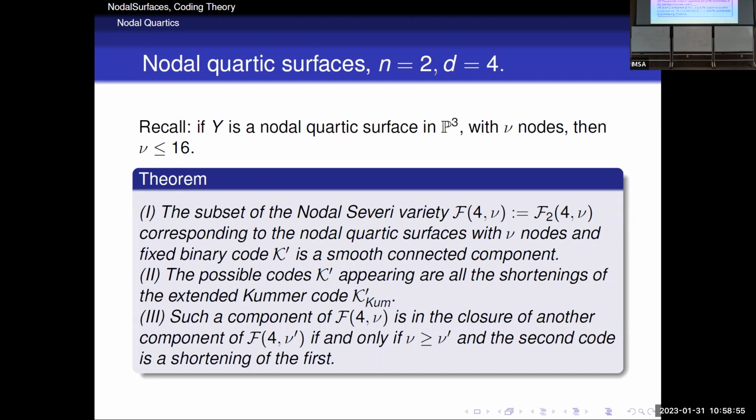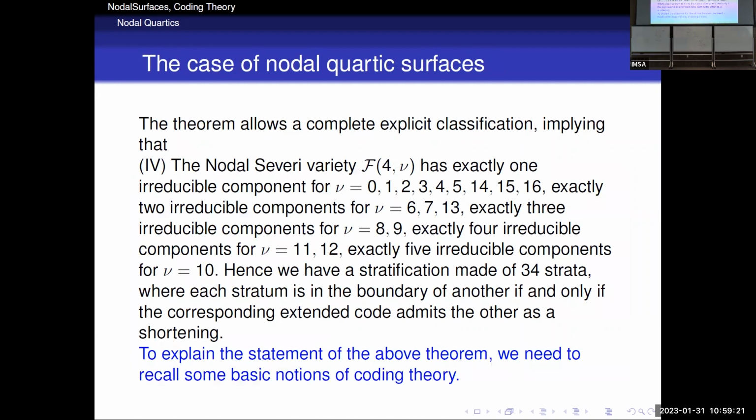And moreover, a component is in the closure of another if and only if the number of nodes is greater and the second code is a shortening of the first. So from this follows an explicit classification and a table, and you can use it, but the result is conceptual.